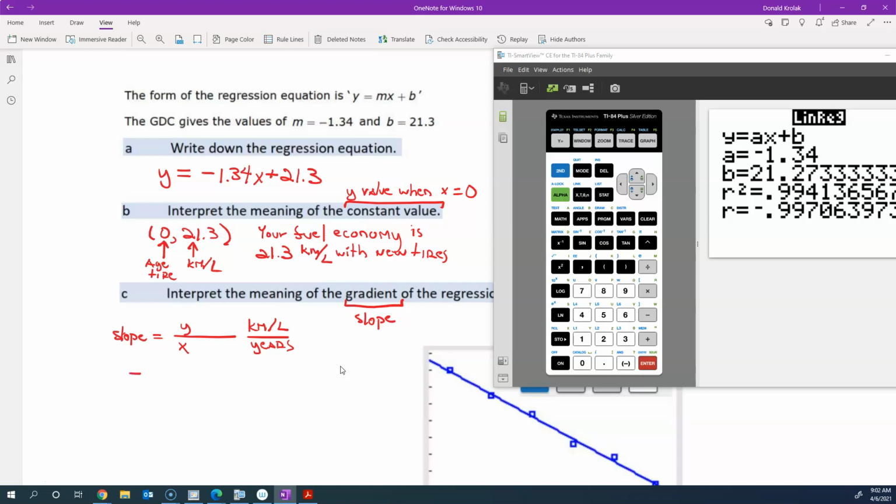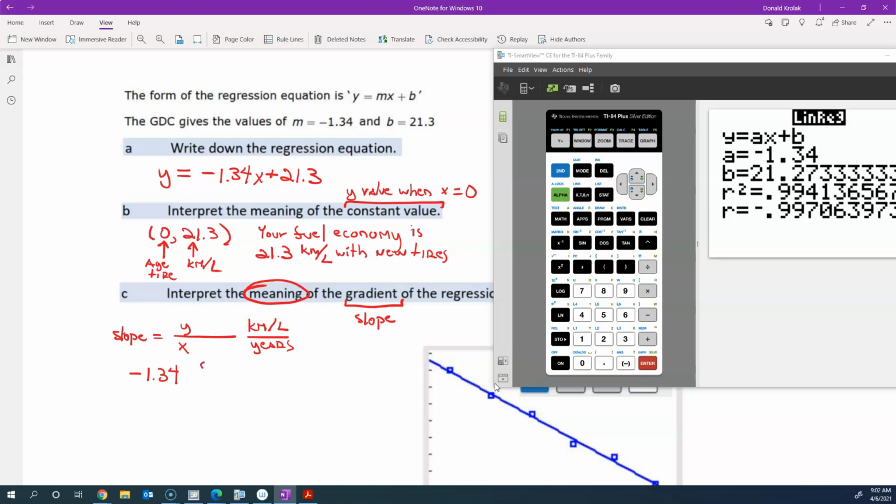So what does it mean if you get a slope of negative 1.34? It's asking what's the meaning. What's happening to your gas mileage for every year of tire age?